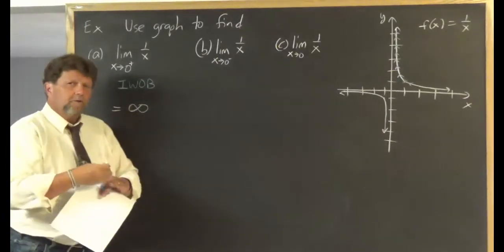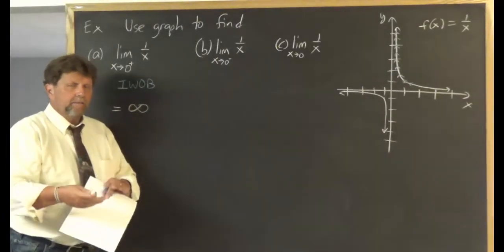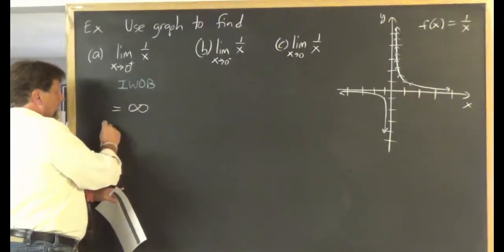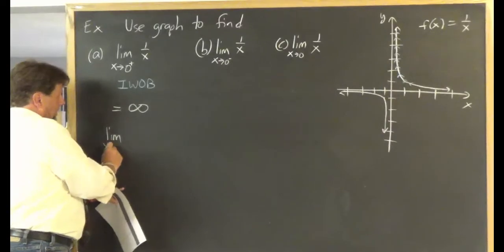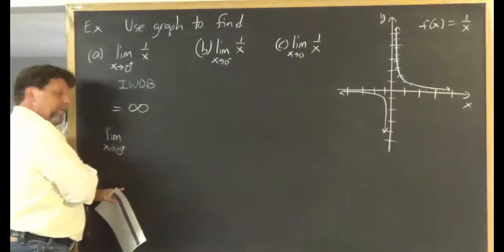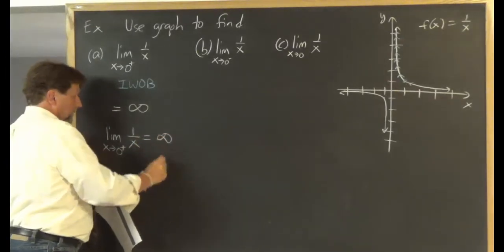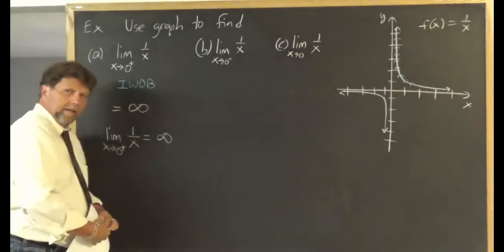It's not a number, don't treat it as a number, it's a concept. It means it's incredibly large. It's increasing without a bound. So we have that the limit as x approaches 0 from the right side of 0 of 1 over x is infinity. That limit is infinity.